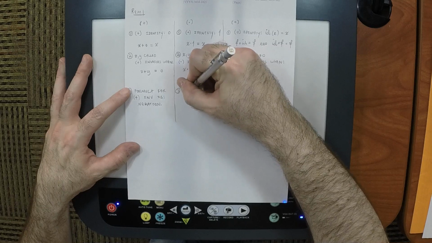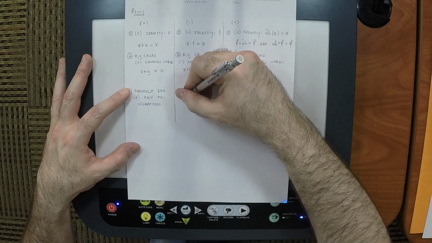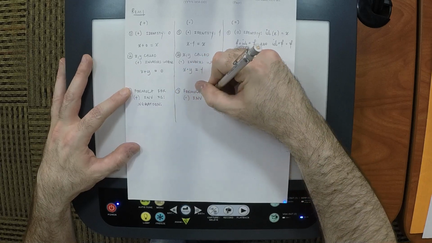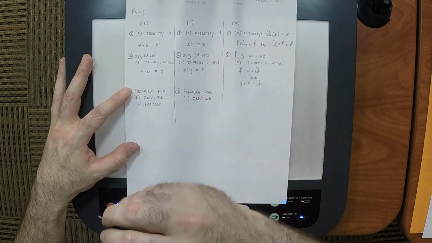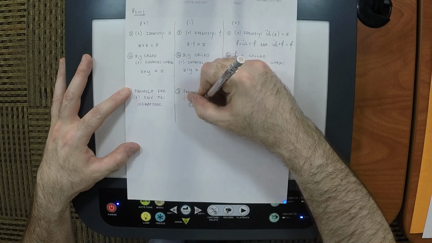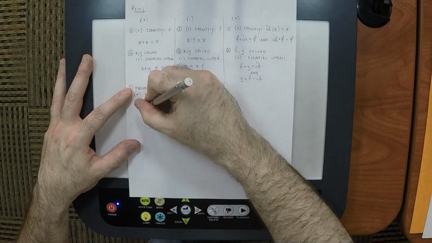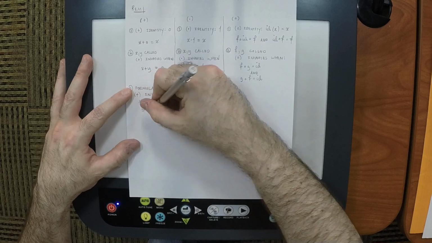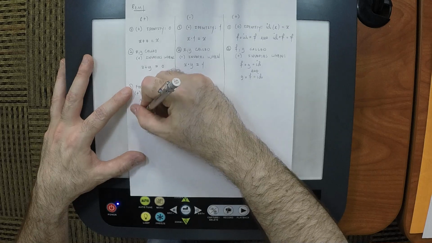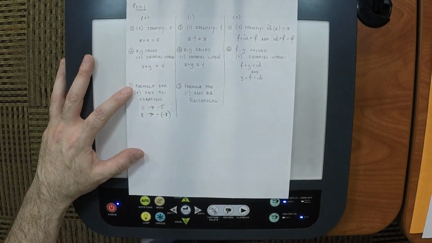The formula for multiplicative inverse is reciprocal. So like, negation takes 5 to negative 5, or if you like, negative 8 to 8.